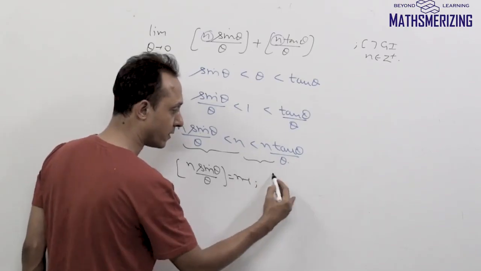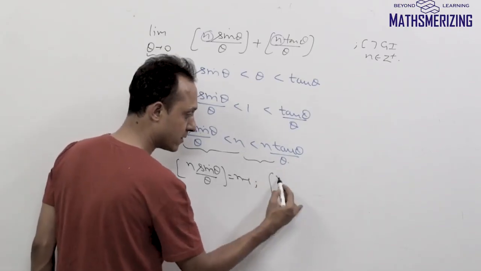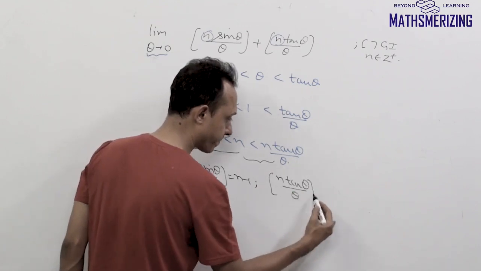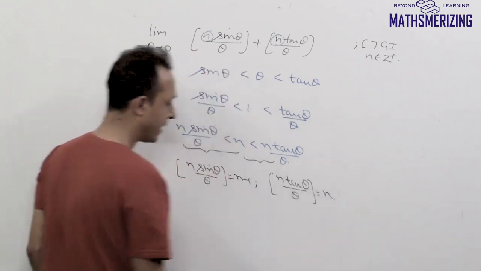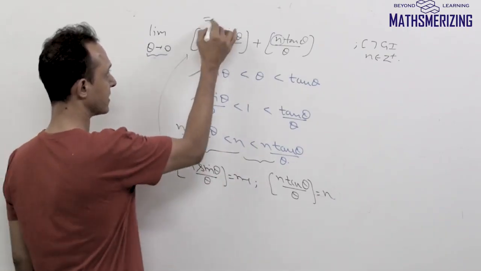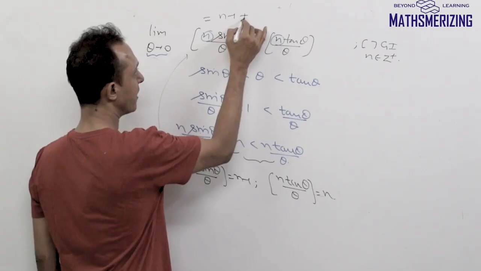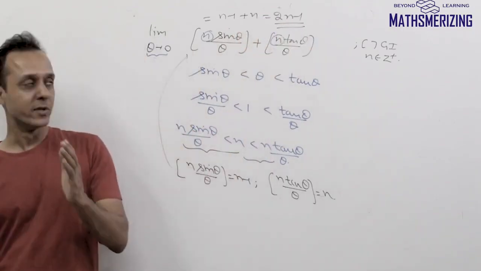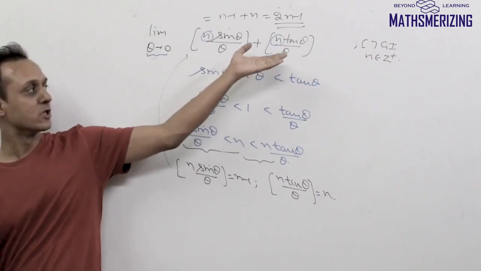So n tan theta upon theta is a little greater than n, and the greatest integer function of n tan theta upon theta is simply n. So if I put these values in this limit, I get n minus 1 plus n, which is 2n minus 1. So the answer to this limit is simply 2n minus 1.